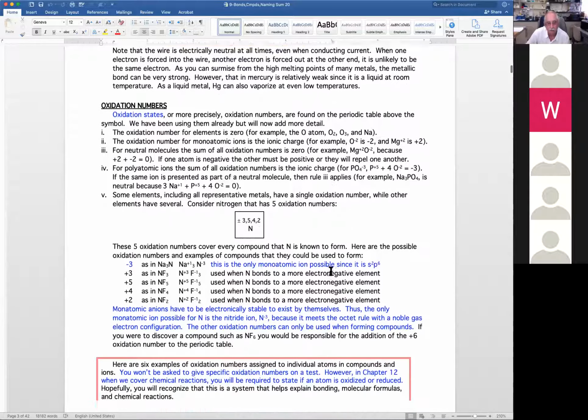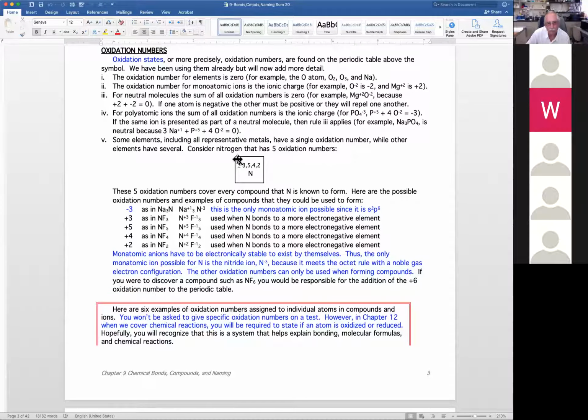Then oxidation numbers are given on the periodic table. So here's an example using nitrogen, what the different numbers could be used for. If nitrogen is going to do a negative, that means it's got to be attracted to something that's positive.